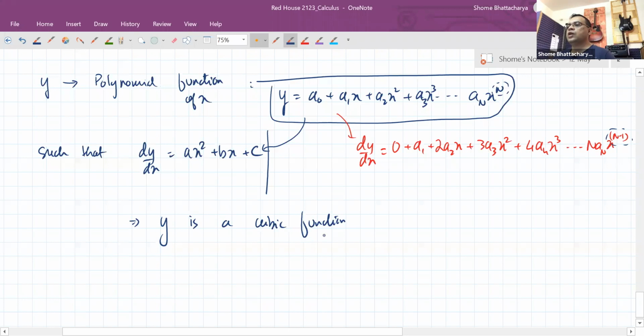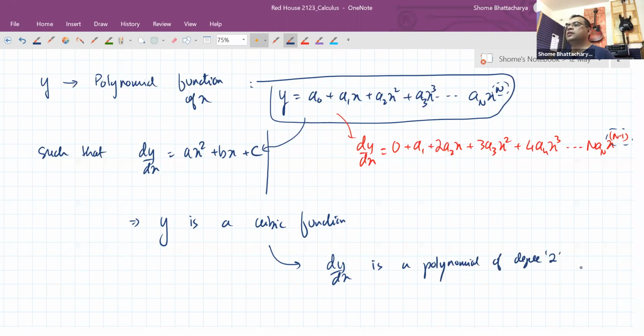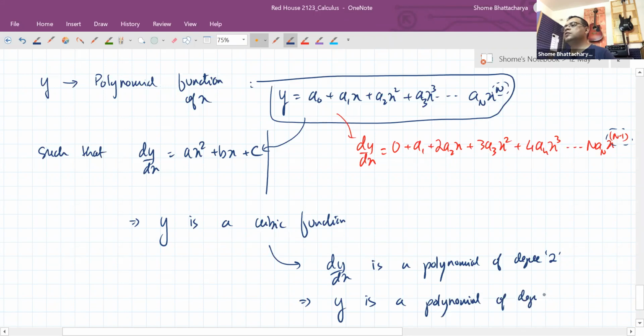So how do we know this? We know that because dy by dx is a polynomial of degree 2, because it's quadratic. So that implies that y is a polynomial of degree 3, or a cubic function.